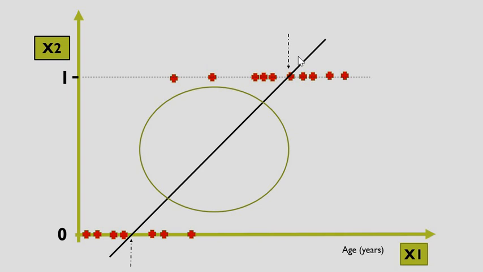Because above 1, you're actually also saying that there is more than a 100% chance that they will subscribe or interact with your advertisement.